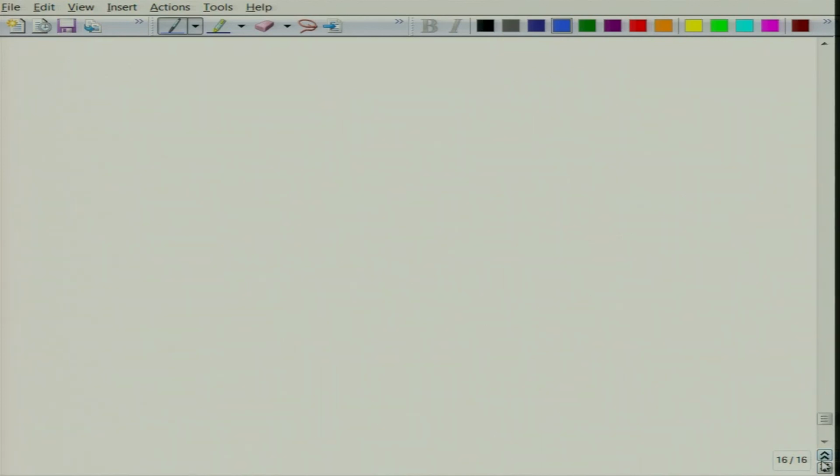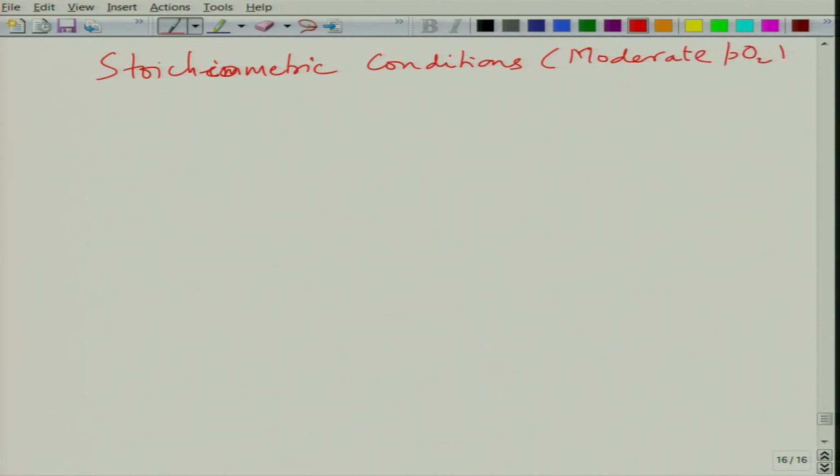And now we need to determine the same thing in the stoichiometric conditions. So, let's first consider stoichiometric conditions, that is moderate PO2.